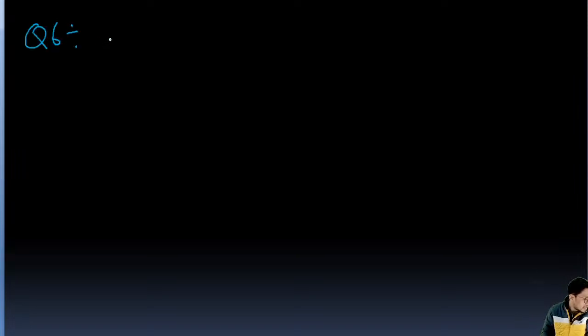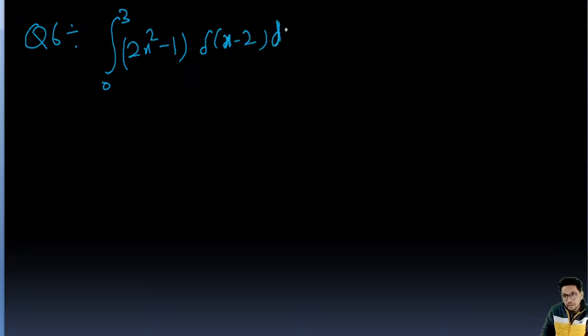Question number 6. This is integral 0 to 3 of (2x square minus 1) delta(x minus 2) dx. Okay, so now the function f(x) is 2x square minus 1, okay, and here this a is 2, right, which comes between this limit, right?